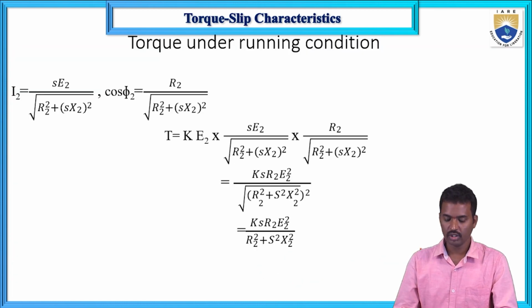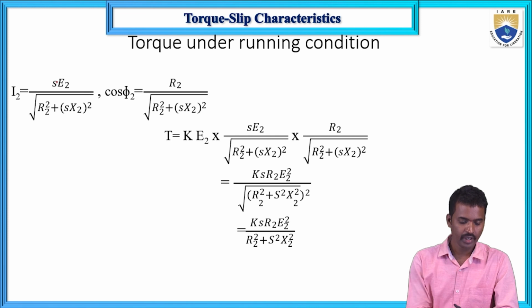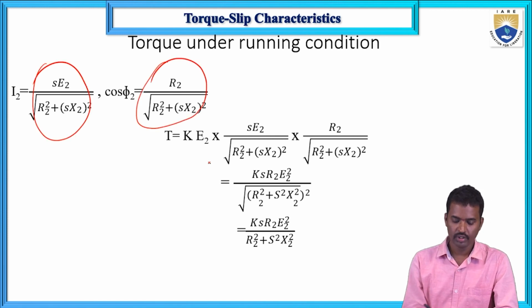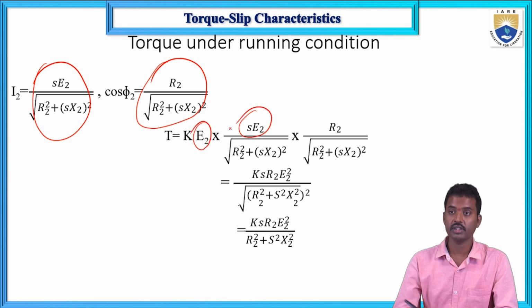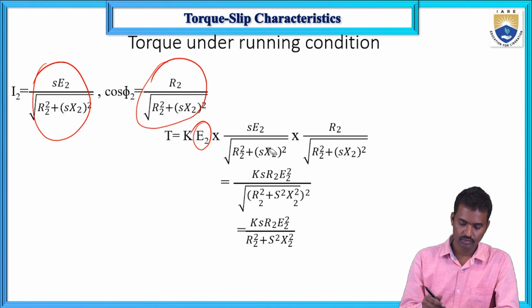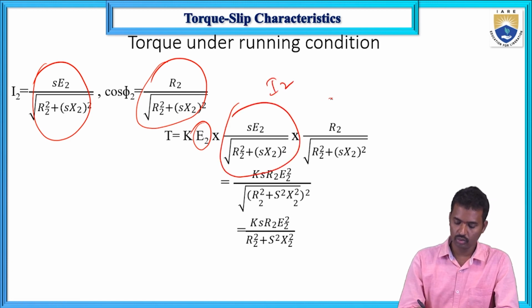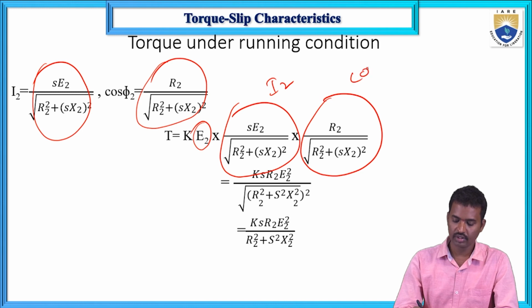Now substitute here I2 and cos phi, and this is E2, this is I2, and this one is cos phi 2.